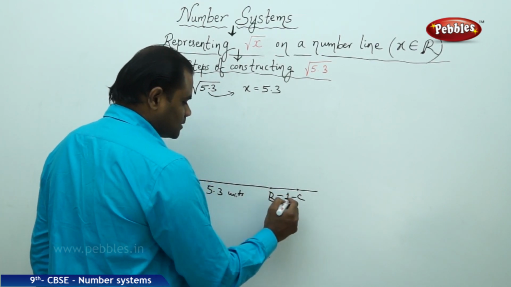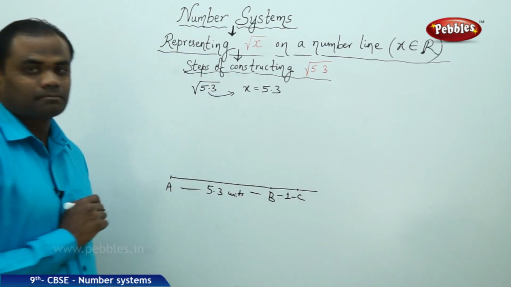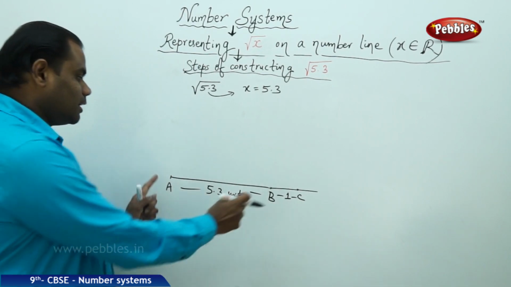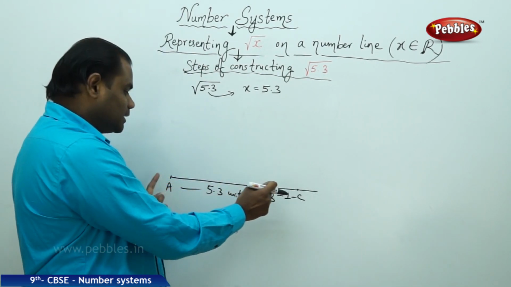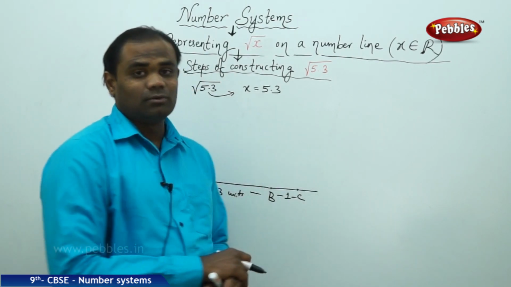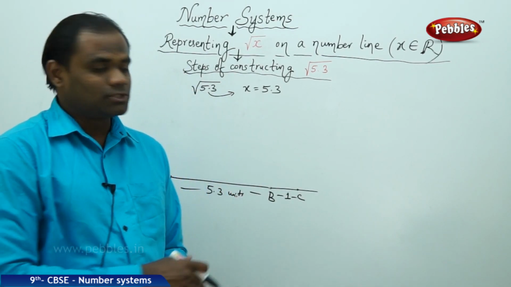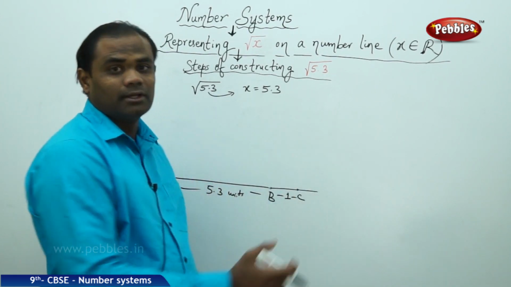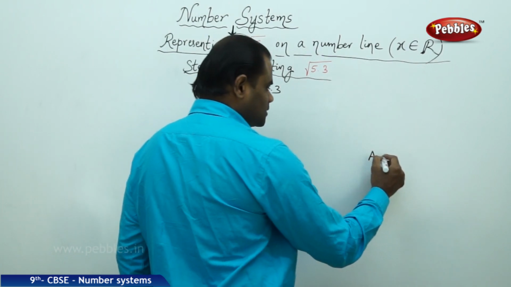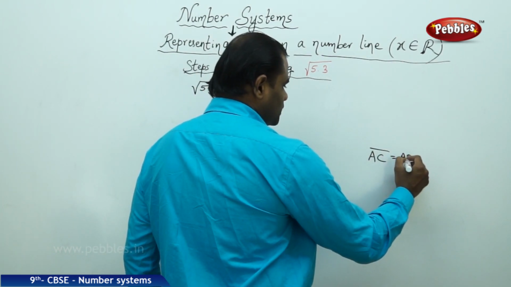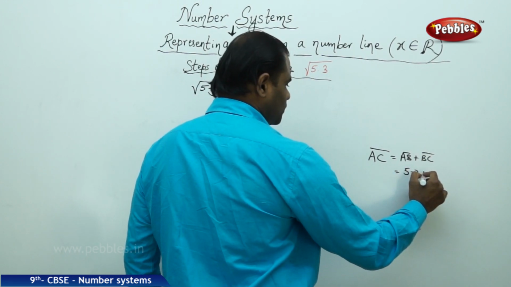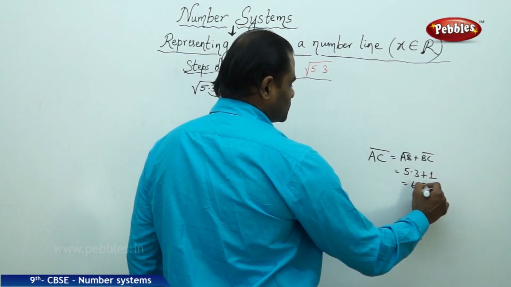So this line segment AC has two segments, AB and BC, with the length AB equals 5.3 units and the length BC equals 1 unit, which totals 6.3 units. Now I have AC, which is AB plus BC, 5.3 plus 1, which is 6.3 units.